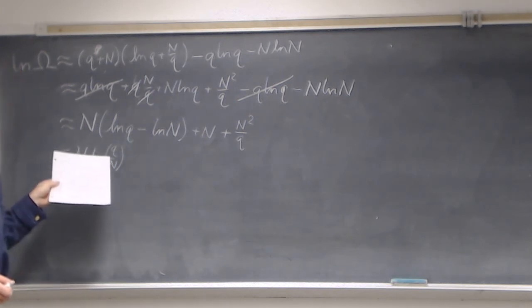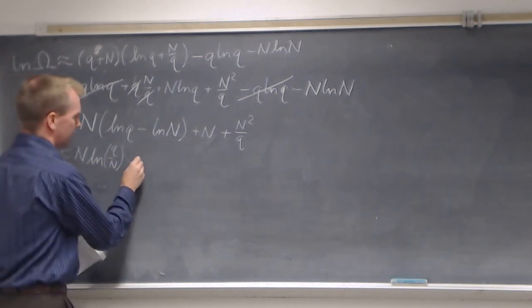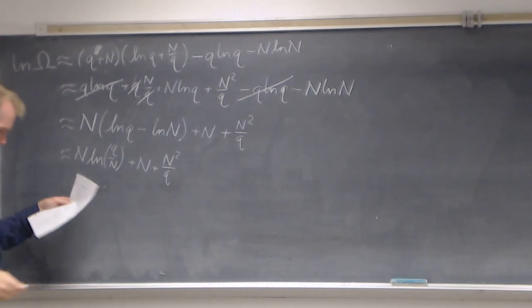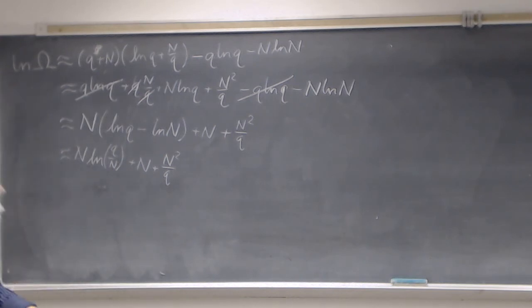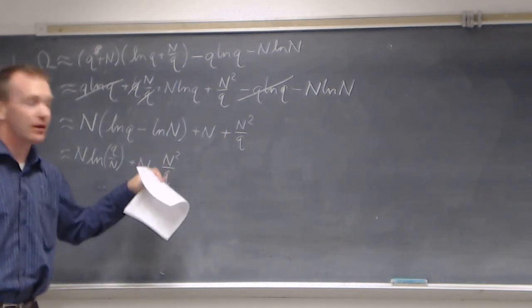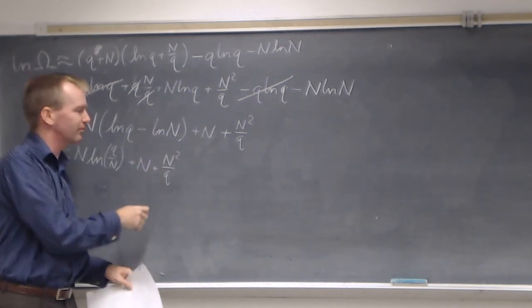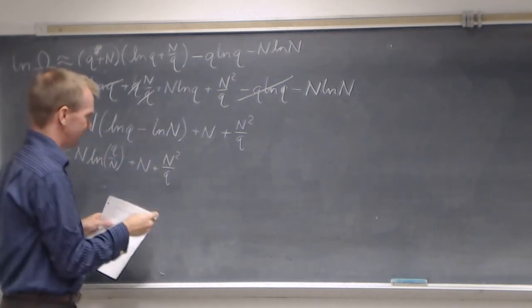Well, that doesn't really get us anything here. But think of this. If Q is much greater than N, then N squared over Q is a very small number.